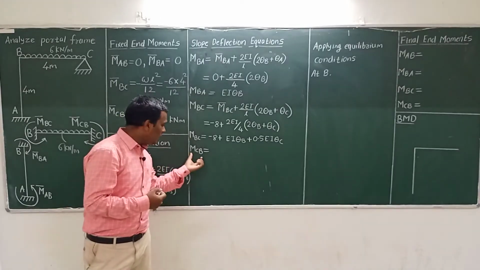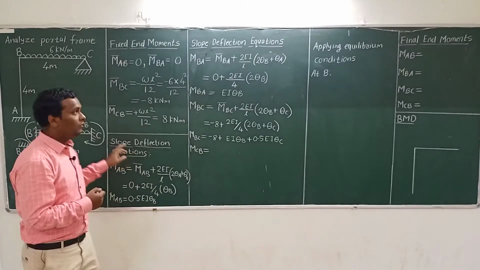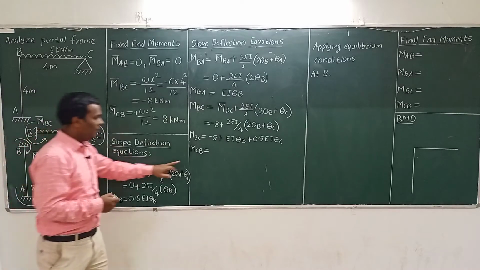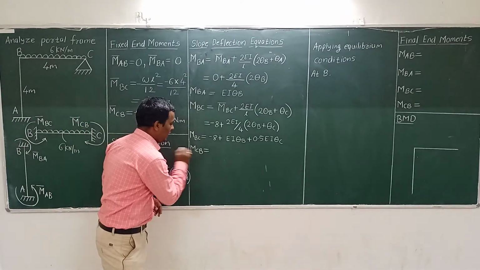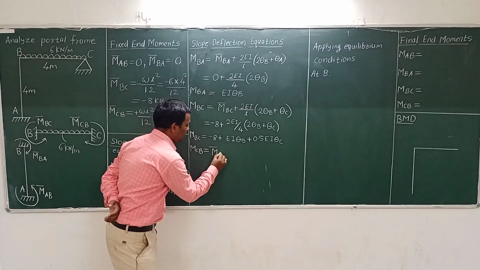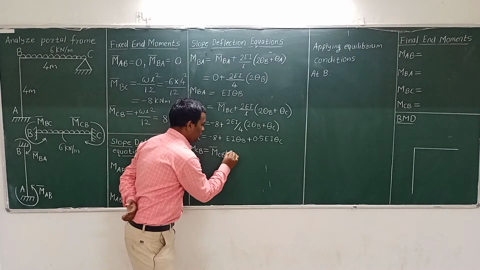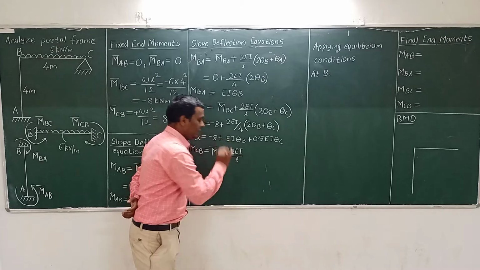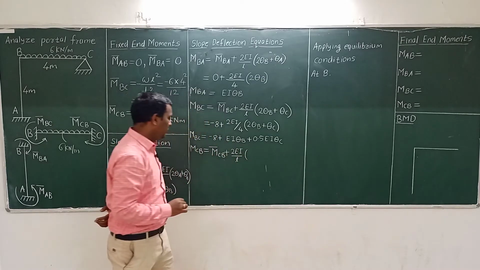So this is the third equation of slope deflection. Now let us go to the last slope deflection equation, that is MCB. Again we have to develop the equation first, by the same logic. Here we are finding MCB, so first of all its corresponding fixed end moment, that is M bar CB, plus twice EI upon L. It is the same as the previous equations.